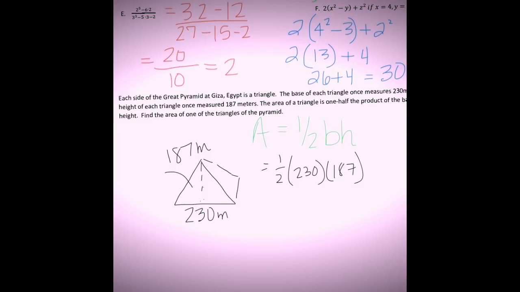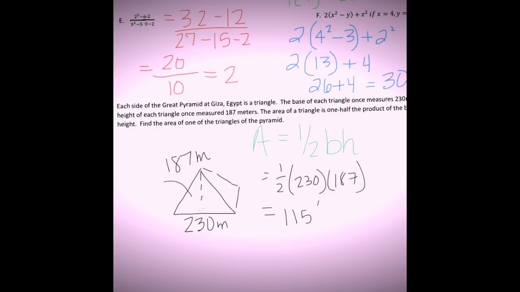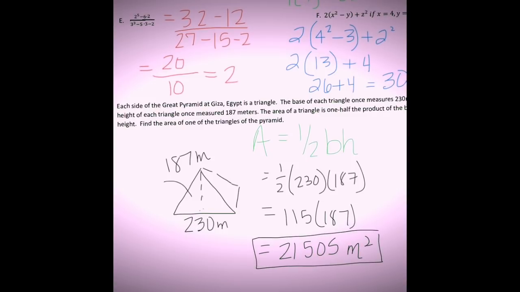So half of 230 is 115 times 187. 115 times 187 equals 21,505. And that is meters squared, because area is square area. We have to make sure we square our area. And that is it.